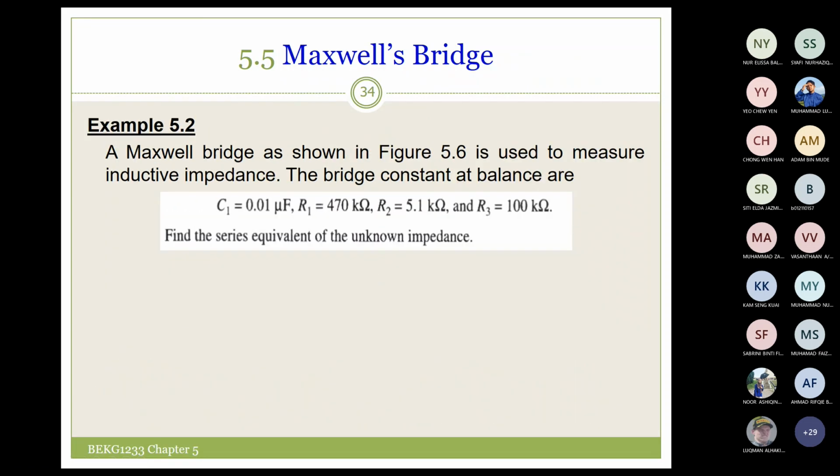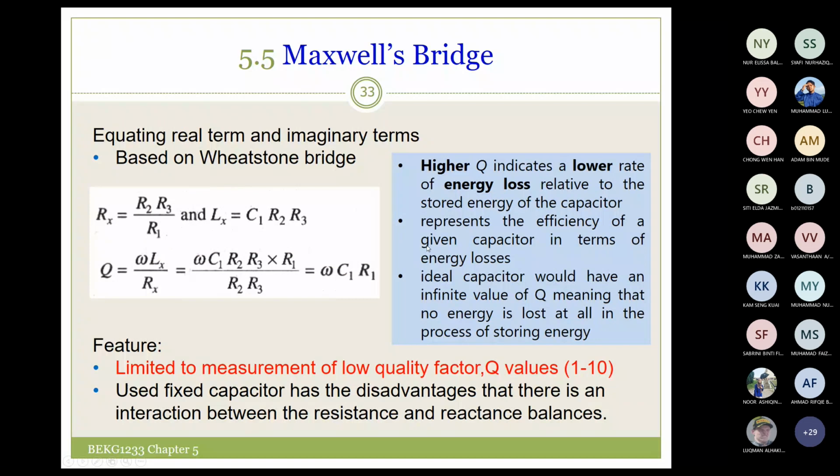In this Maxwell bridge, a higher Q indicates a lower rate of energy loss relative to the stored energy of the capacitor, so it can also represent the efficiency of the given capacitor.